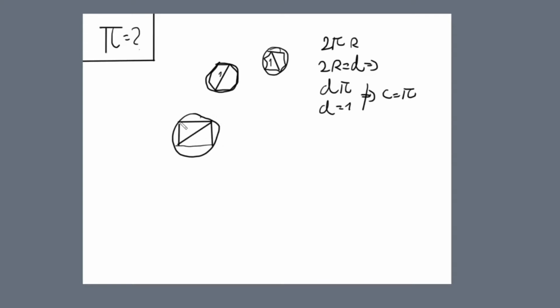So the way to solve this is actually quite easy. We know that the diagonal is equal to the side multiplied by the square root of 2 in a square, obviously. We're talking about regular polygons that have all their sides equal, which means that the diameter is equal to the diagonal, so 1 is equal to s multiplied by the square root of 2, which means that s is equal to the square root of 2 over 2. And that's one side.